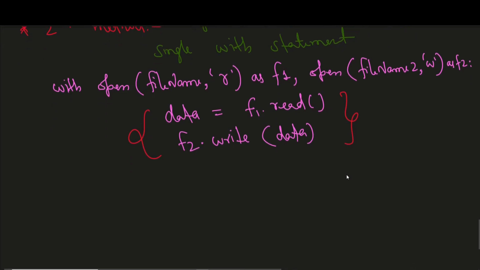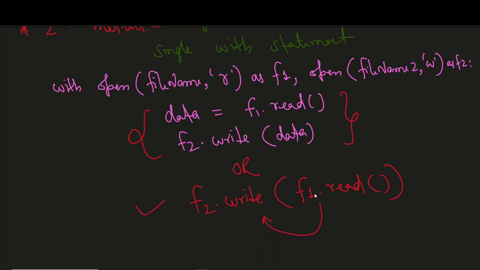This is just one line, and in this we have completed our work. Or you can just write F2 dot write, and inside this pass F1 dot read. So basically here we are reading and directly writing to another file. So this is a single Python line that can do this work, right?